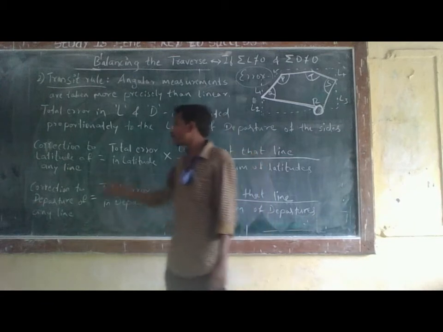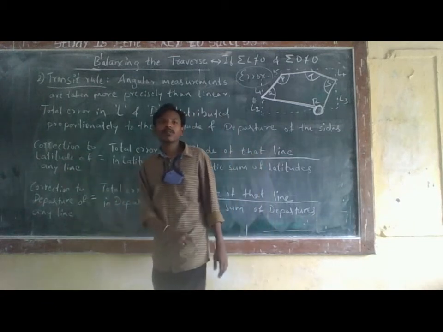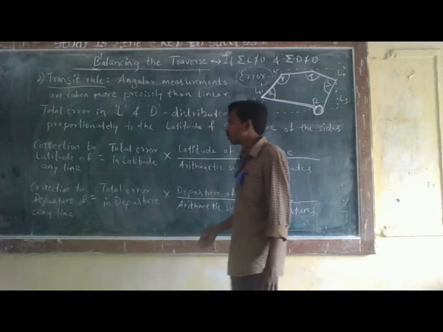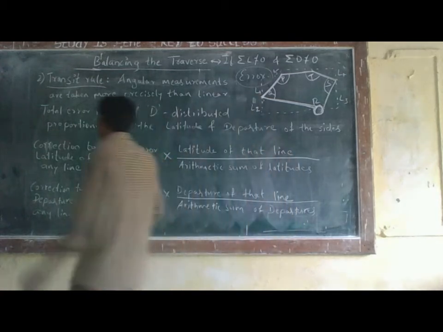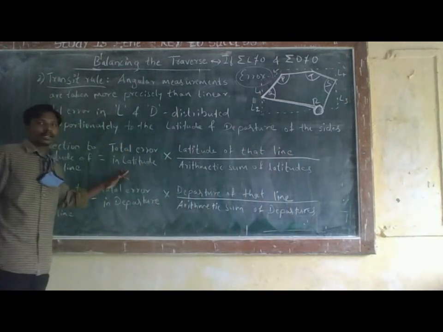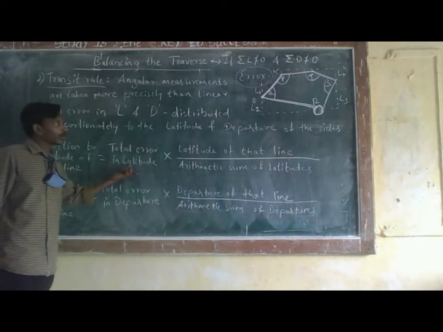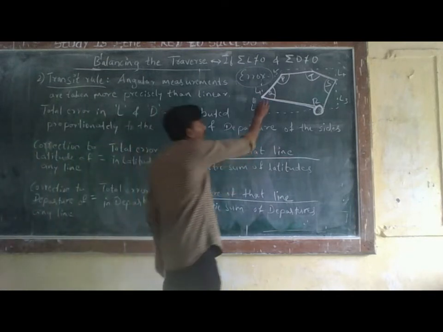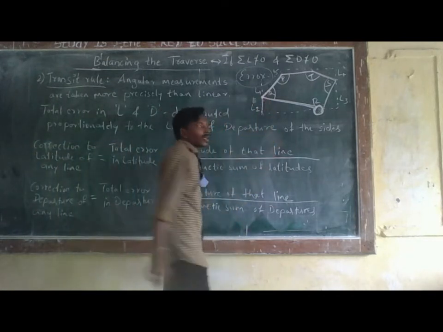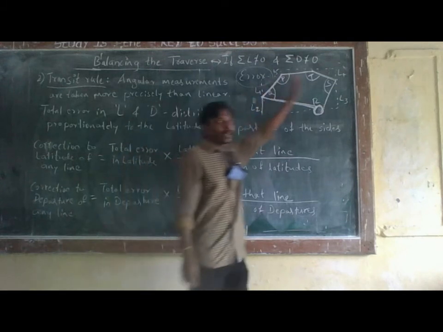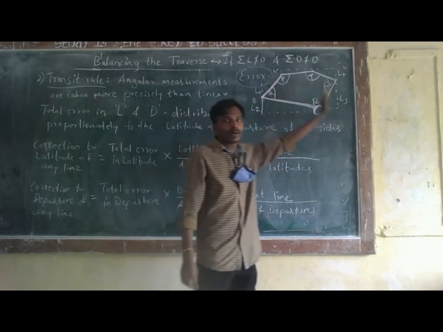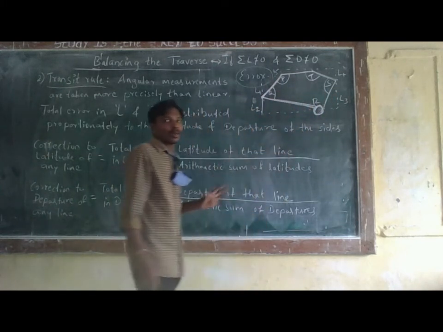So here you can see correction to latitude of any line. Here is the total error in latitude. The total error in latitude means, first take the sum of all the latitudes of the given traverse, then you will get a value.